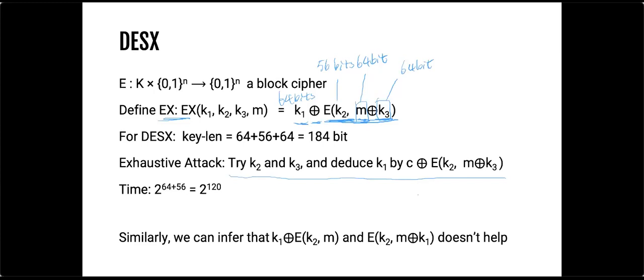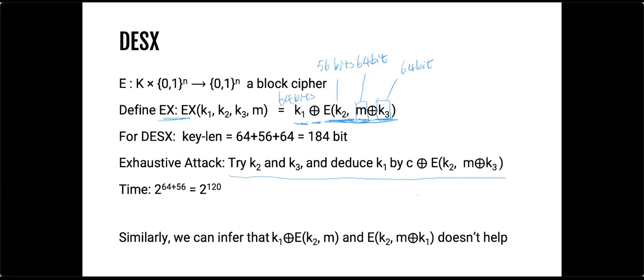The way it works is that we try the values of K2 and K3, but we're not going to try the value of K1. So given different values for K2 and K3, and then given an M, we're going to get a value.